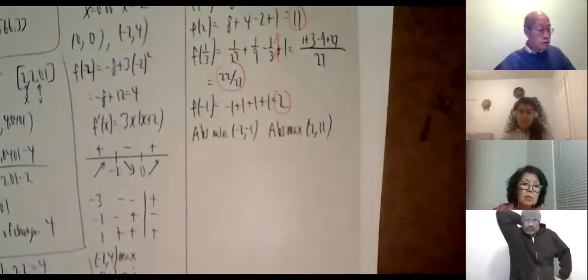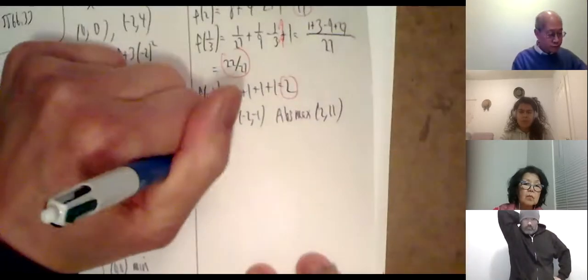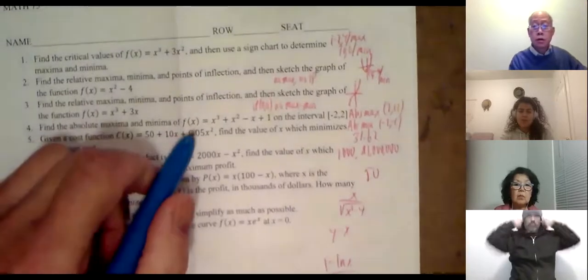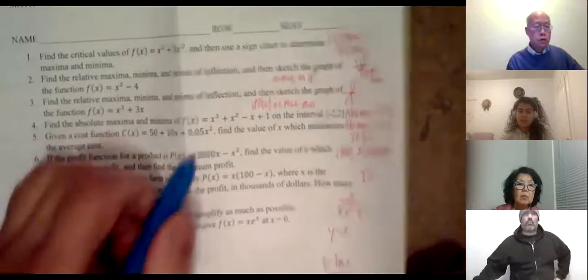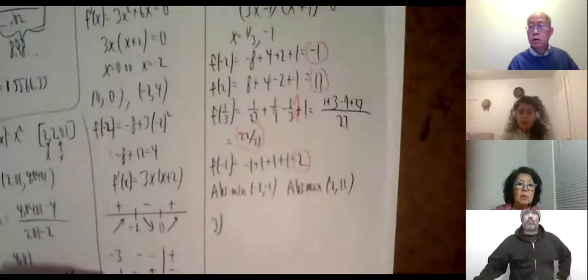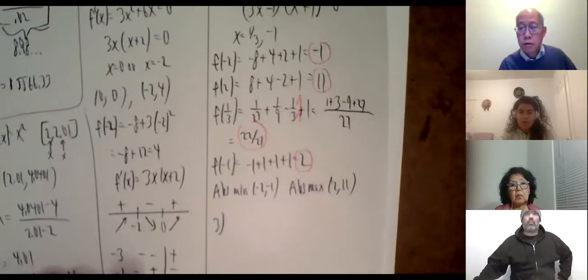But somebody asked for number 3. Professor, sorry. Before you start number 3, can you go back to the last one real quick? So how do you know what the absolute minimum and absolute maximum is without doing the chart?